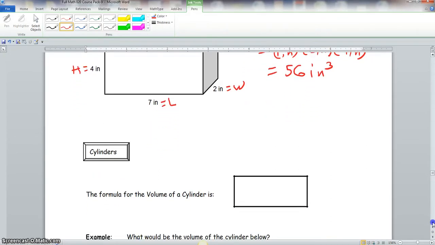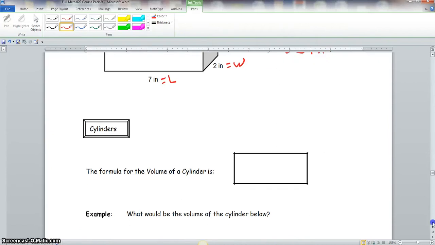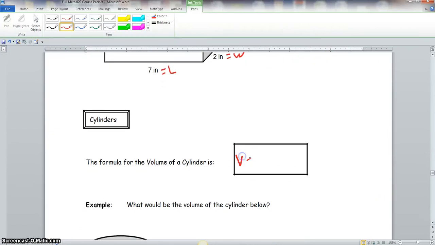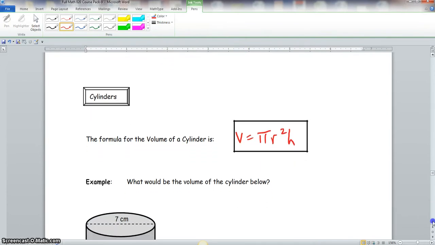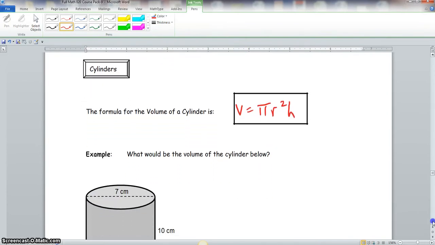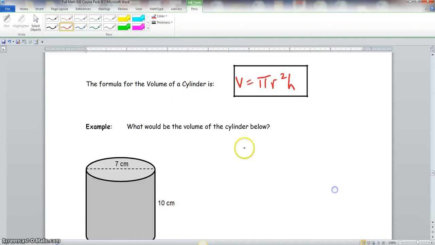Now we come to the volume of a cylinder. The volume of a cylinder is pi radius squared h. So now we go down here and try this problem here. Okay, so now we have the volume is equal to pi, which is approximately 3.14. The radius is 3.5 because it's half of the diameter.